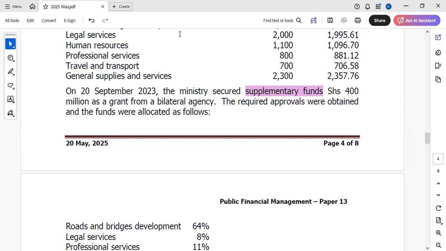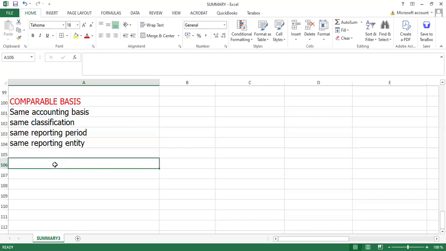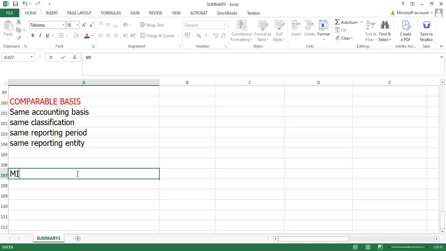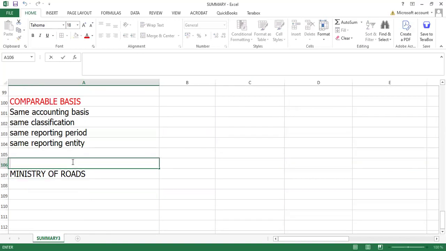So what you're really doing is this. This is a ministry. Ministry of what? Ministry of roads. What are we dealing with? This was December, May 2025.